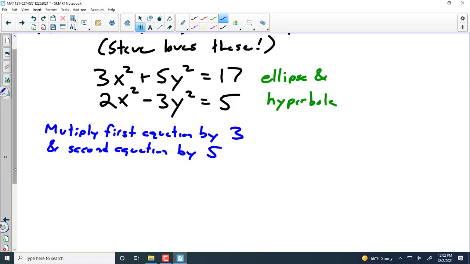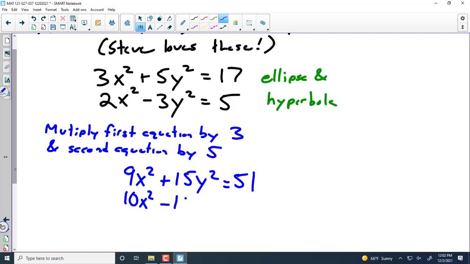Here's why. That's going to give me 9x squared plus 15y squared equals 51, and 10x squared minus 15y squared equals 25. Will that help me out at all, what I just did?